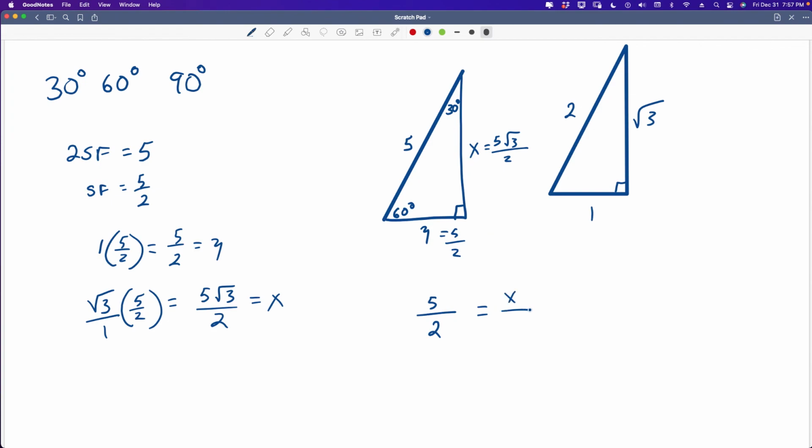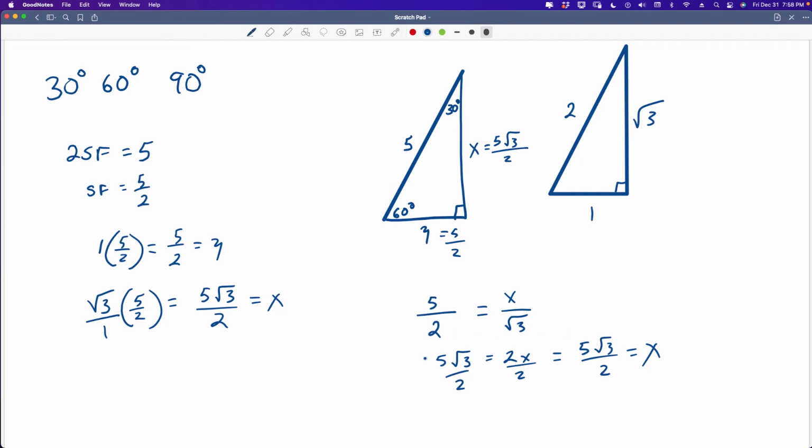So you would put x here, and the corresponding side to x would be the square root of 3. Then you would just cross multiply, and you would say 5 times the square root of 3 is equal to 2x. Then you just divide, so this is equal to 5 times the square root of 3 over 2 equals x, which is the same thing we got by using the scale factor. So whichever way you want to do it, you're going to end up with the same answer.